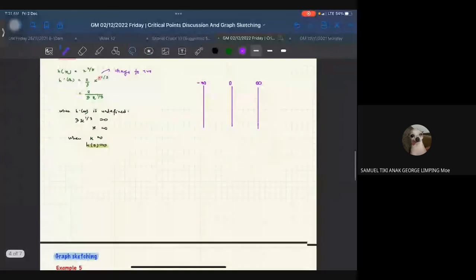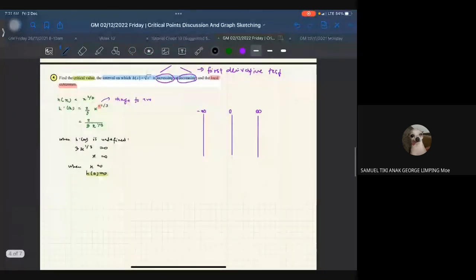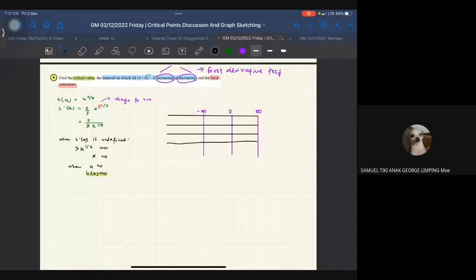Okay, so now let's do the rows. Okay, so the first one adalah interval. Second one is test value.